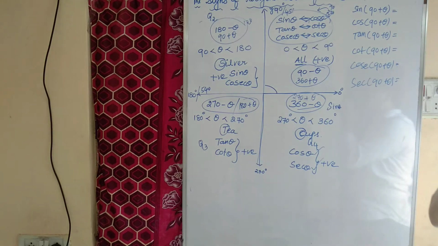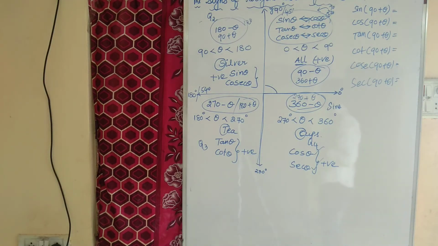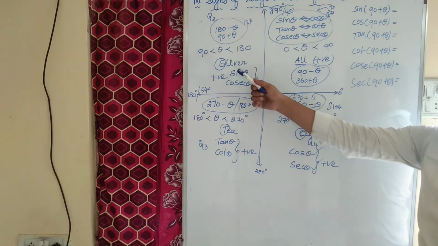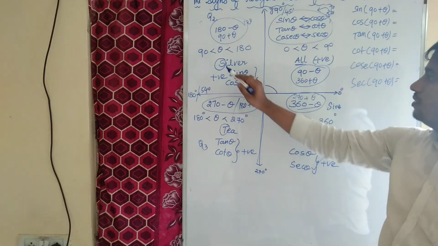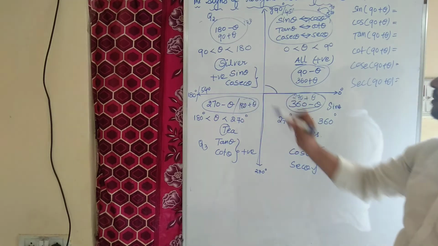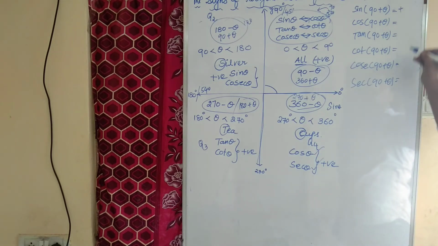Okay, 90 plus theta. 90 plus theta is in which quadrant? 90 plus theta is in the second quadrant, right? In the second quadrant, sine and the reciprocal of sine, cosec, will be positive. Sine will be positive, cosec will be positive. Rest all trigonometric ratios are negative.